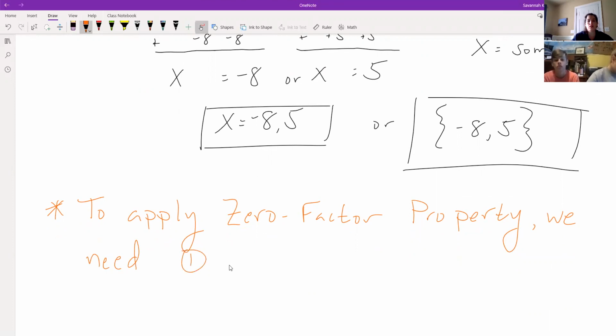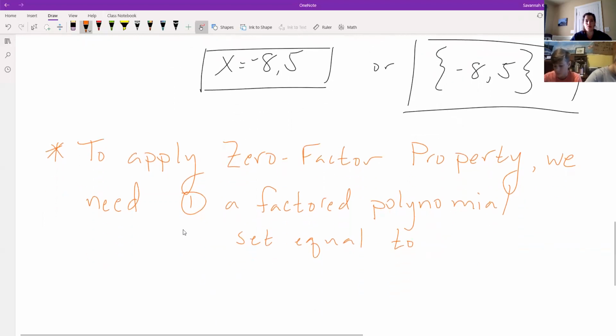So we need a completely factored polynomial. And that completely factored polynomial is always going to have to be set equal to the number 0, no other number in the world.